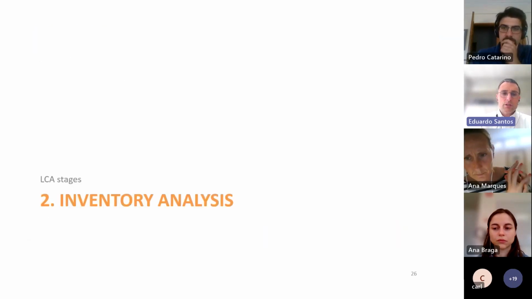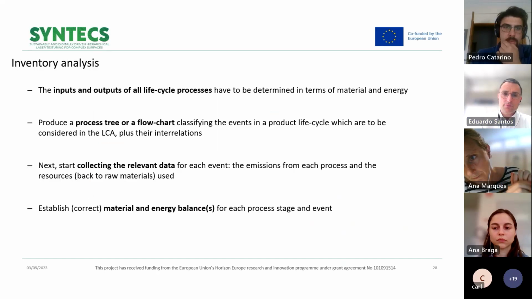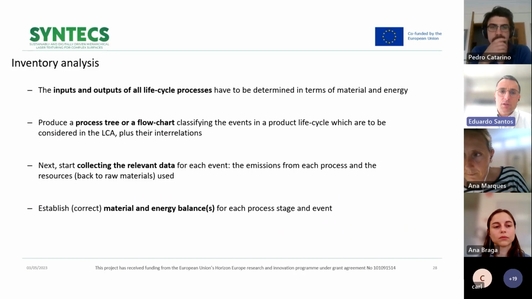So we discussed goal and scope definition. The second stage, and the stage with the hardest workload, is the inventory analysis, or the development of the inventory, and then the analysis. The inventory basically tries to collect the data and assess all of the inputs and outputs for the whole life cycle, for all of the processes that are included in the life cycle.